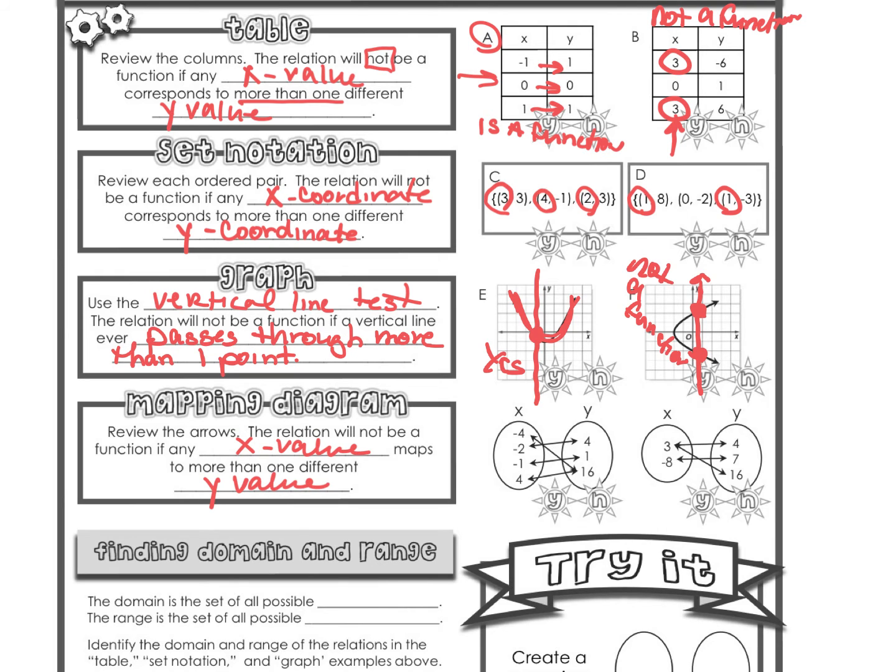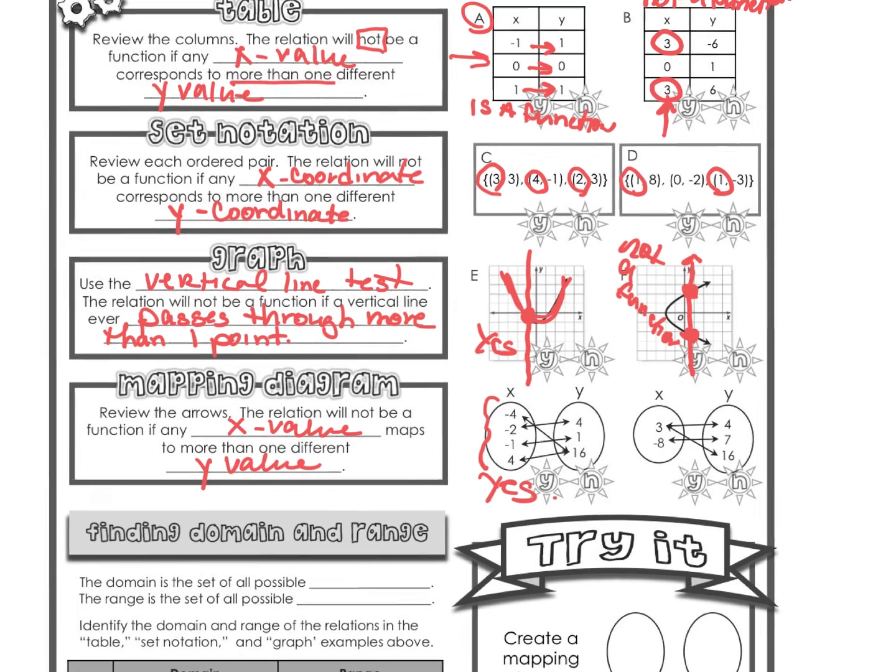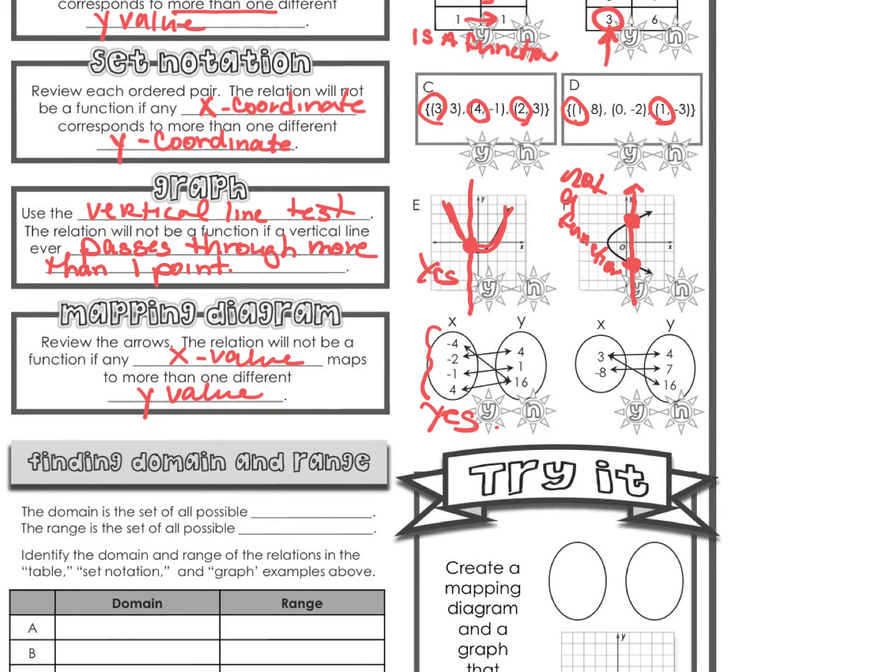So if you take a look at the first one, all of the numbers in the x circle map to a different number in the y circle. So this is a function. In the other one, you look at the number 3. 3 maps to 4 and it maps to 16. So this is not a function.